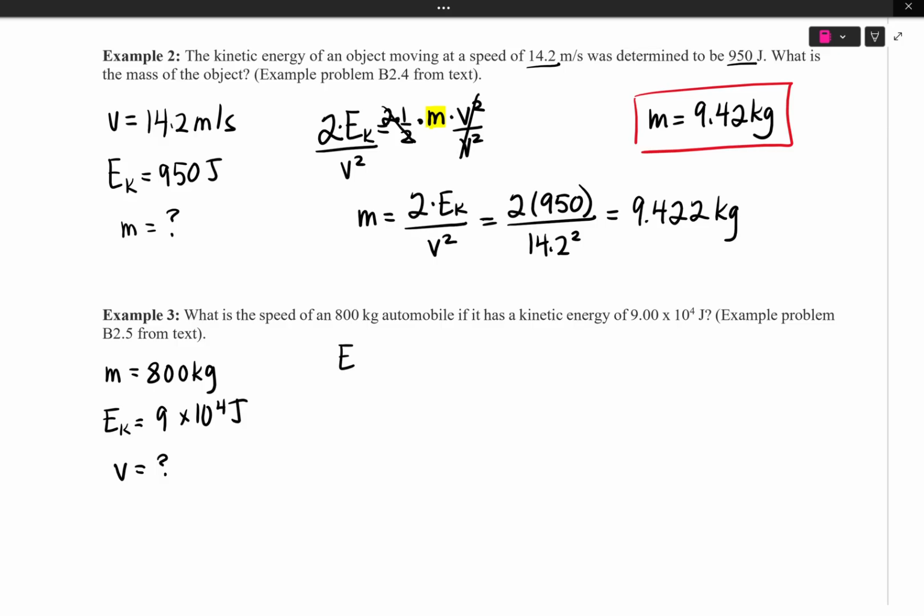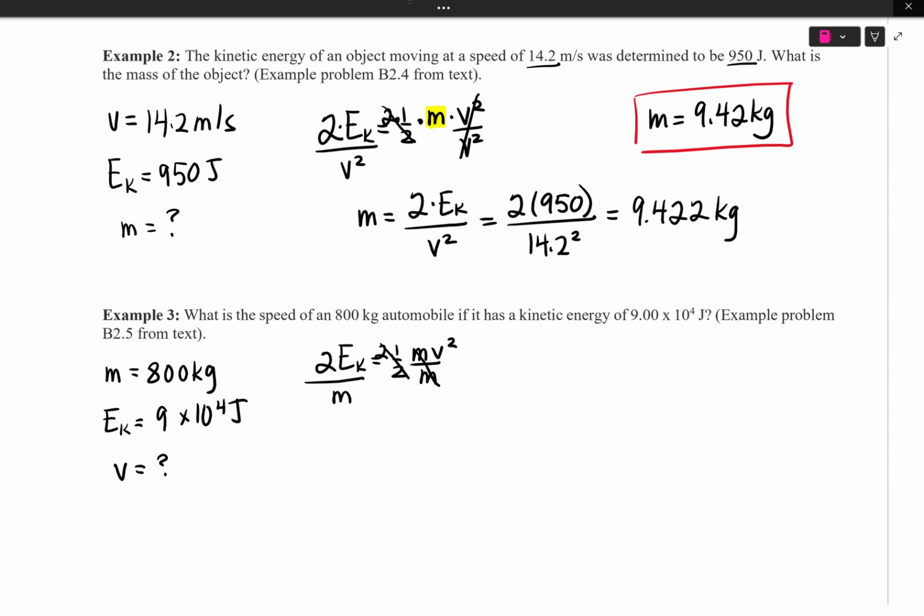Okay, so first step, we're going to write EK equals 1/2 m times v squared. So the first thing we want to do is we have to move the m and the 2. So I'm going to divide by m, and I'm going to multiply by 2.